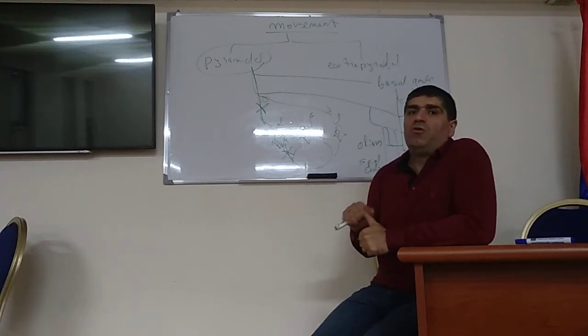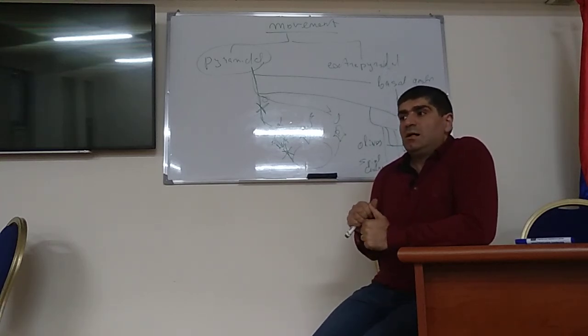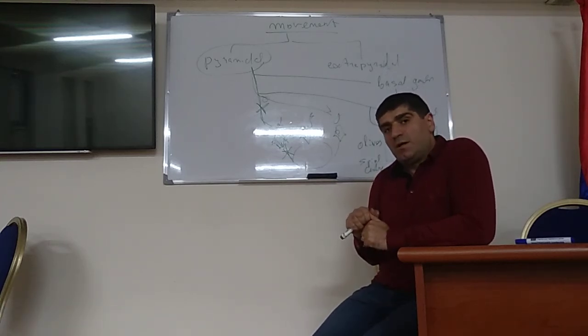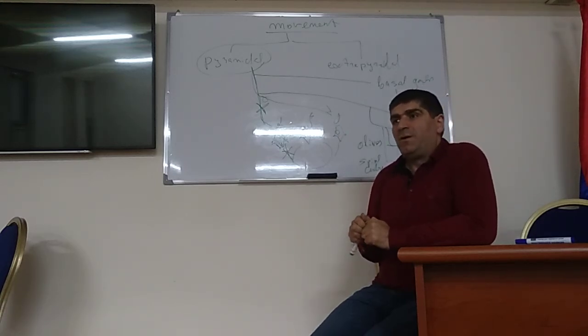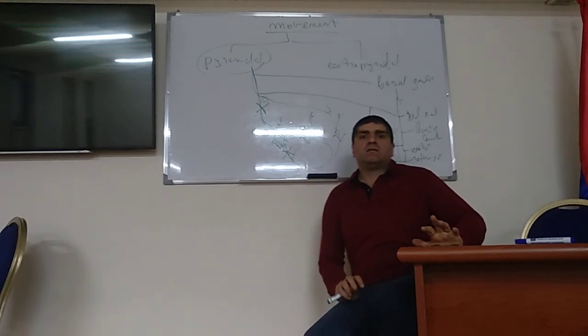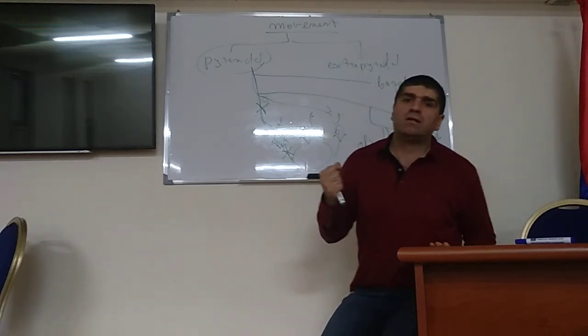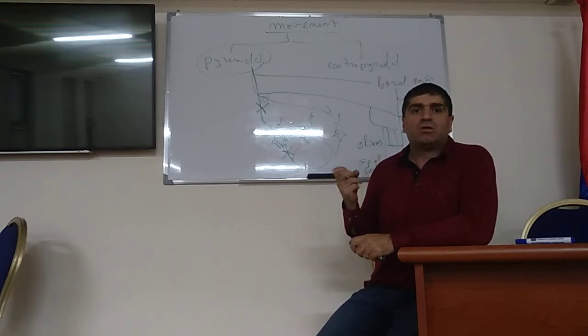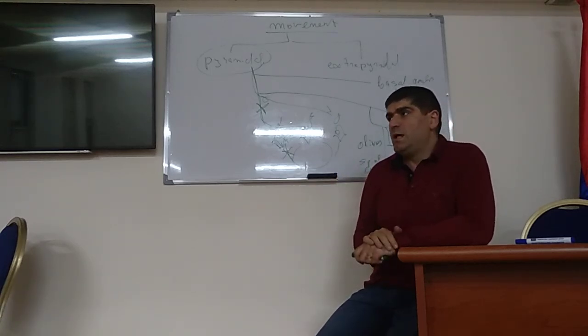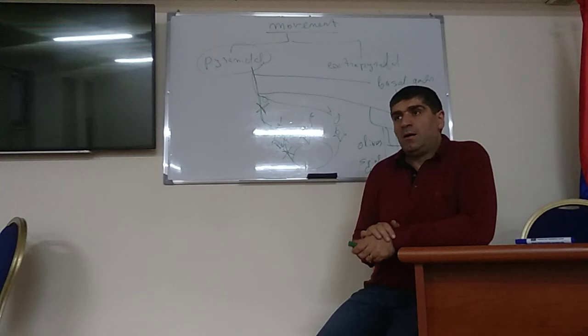And one type of paresis we call sensory paresis. Why sensory? Because it is not really paresis. He has force, but he cannot do some movements because he lost his sensory system. We see it mostly in sensory ataxia, for example.